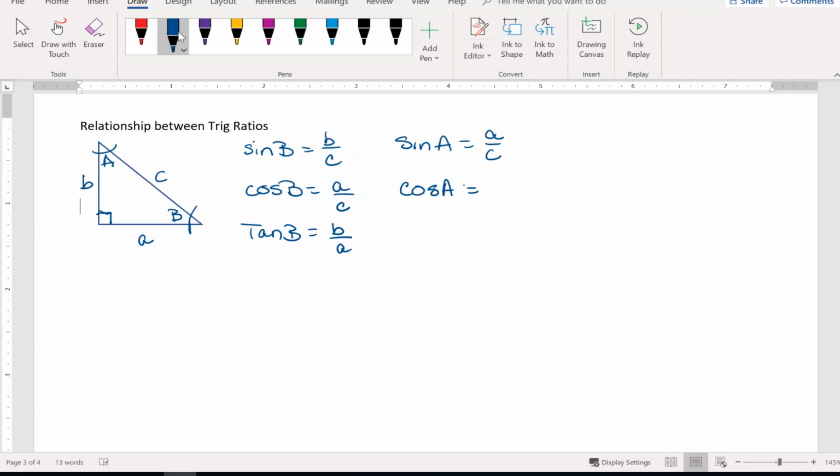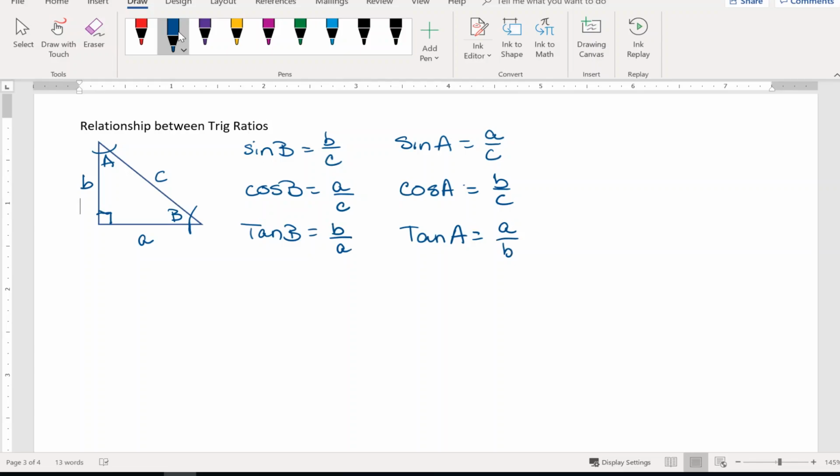The cosine of A is equal to the side adjacent over the hypotenuse. This happens to be the same ratio as sine of B. And the last one, tan of A, this is the opposite over adjacent, which is the inverse of tan of B.